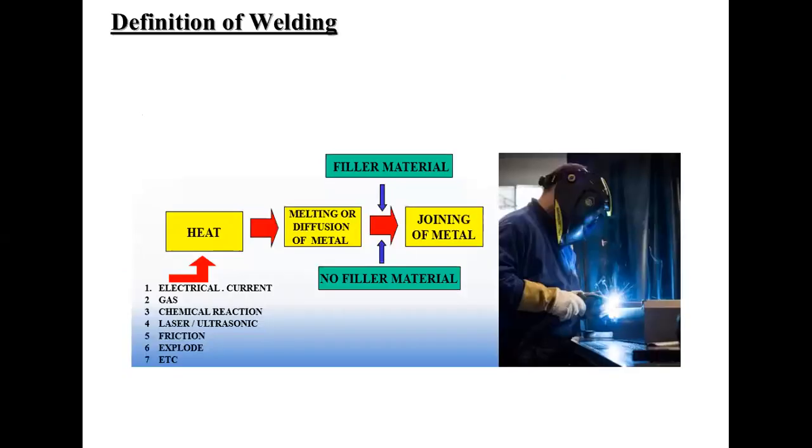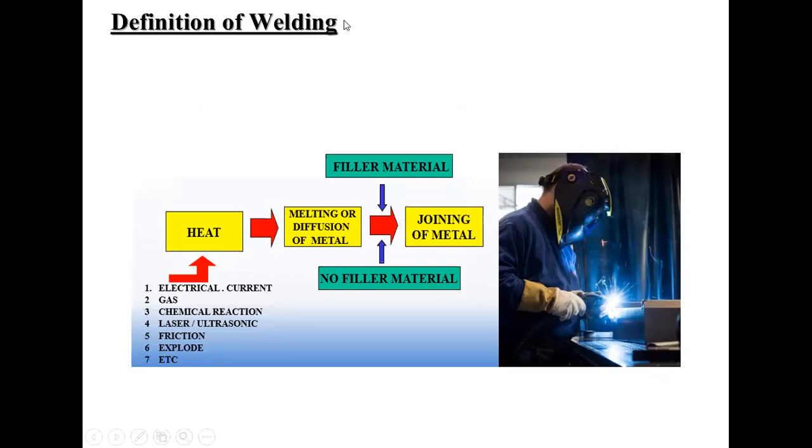Next, through a block diagram, I'm going to discuss this slide. I have already told that by using heat, we have to melt the metal, and we can join the metals. That is called welding.